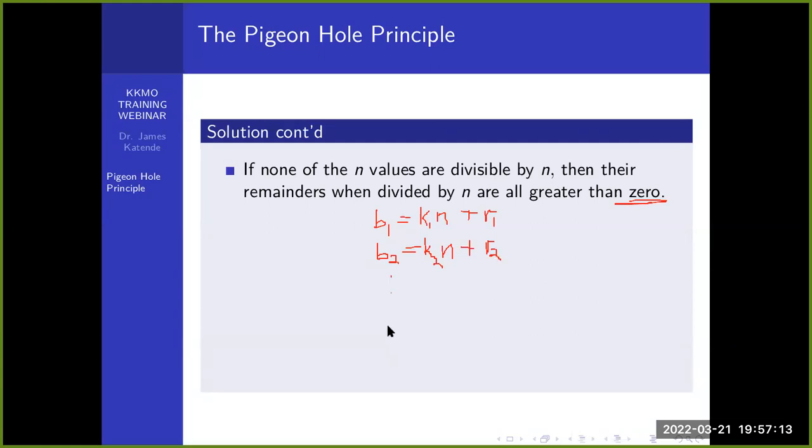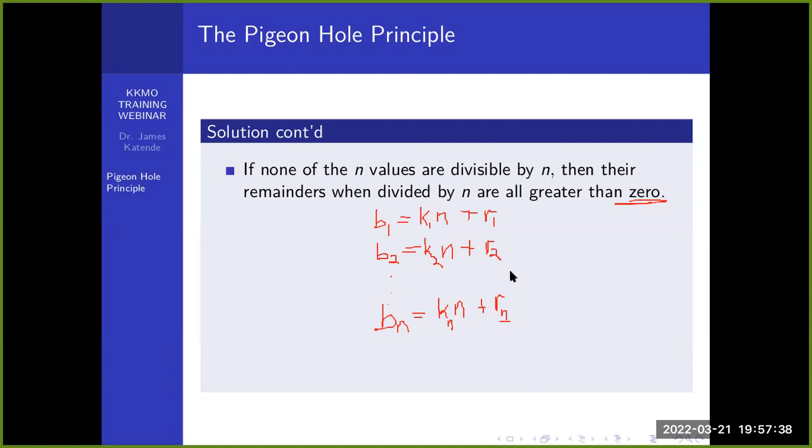So this goes on all the way up to Bn, which is Kn multiplied by n plus Rn. A total of n numbers here: R1, R2, up to Rn.